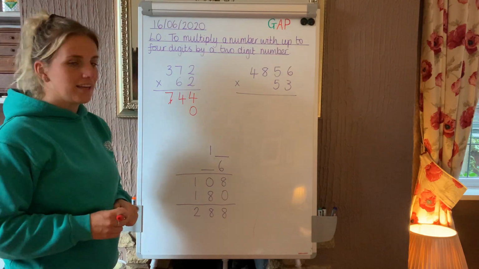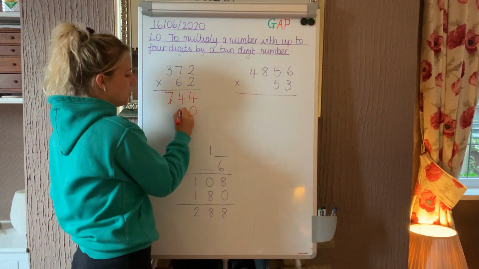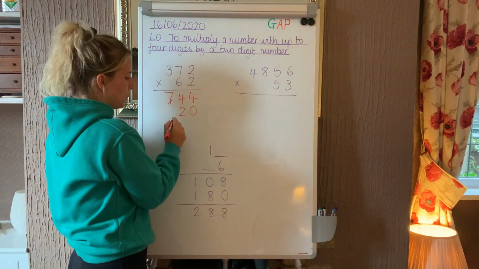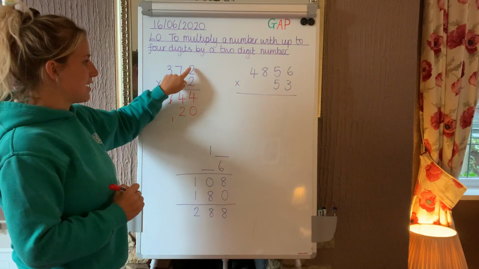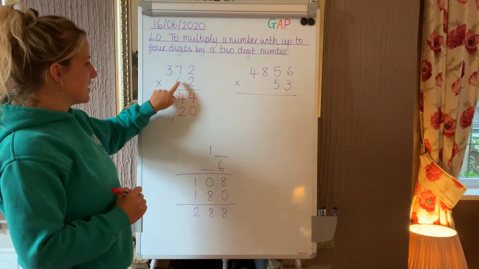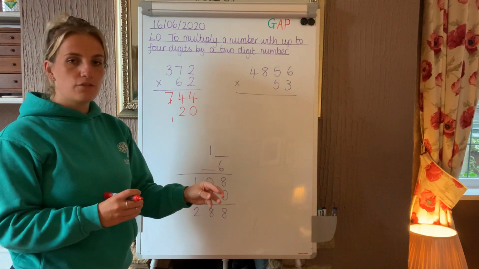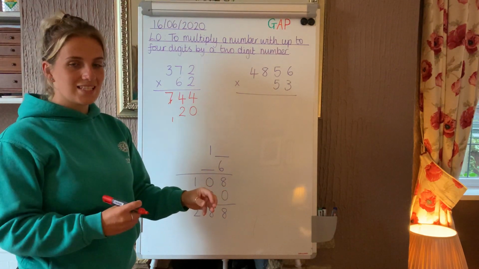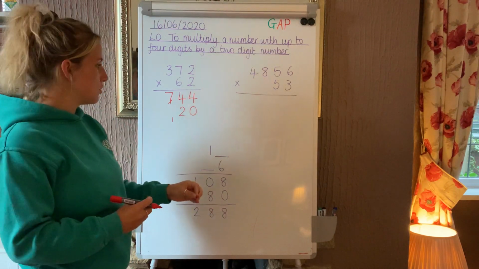And we know that that gives us the answer 120. So again, I've got 2 tens, I've got no units, and I've got 100. Okay, 60 times by 20 is 120. Then I've got 60 times by 70. Well, I know that 6 times 7 is 42. So 60 times by 70 is 4,200.